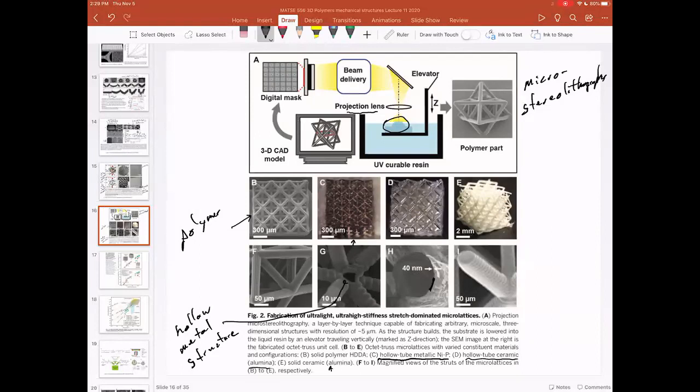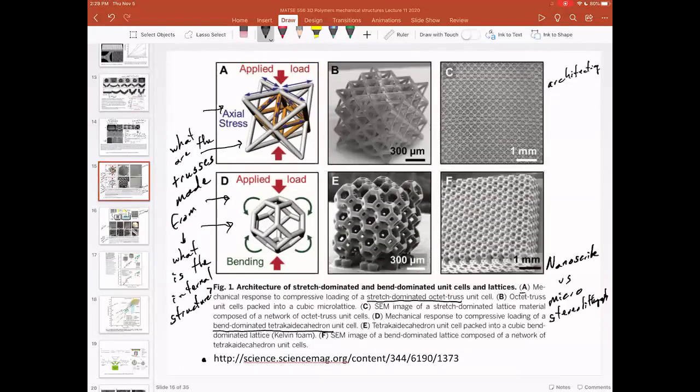So that gets really interesting now for making these trusses out of different materials, different architectures, and of course you have the macroscopic architecture, whether it's this bending truss or this axial stress truss.